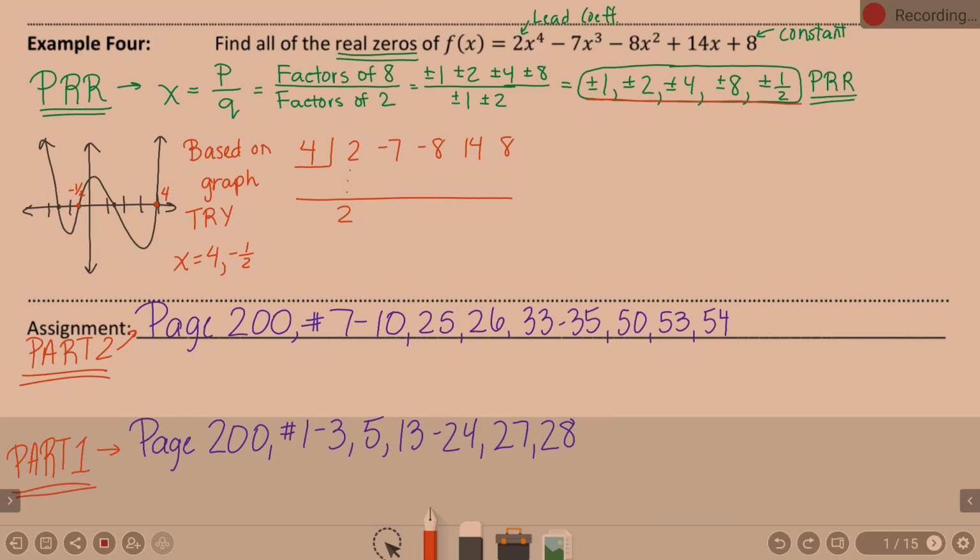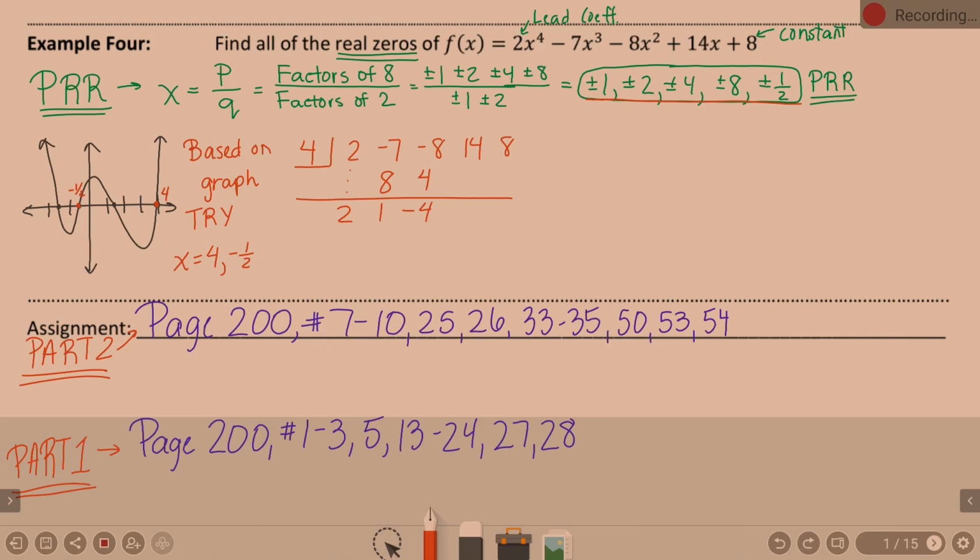4 times 2 is 8. And then we add. -7 plus 8 is 1. Then we multiply. 4 times 1 is 4. Then we add. -8 plus 4 is -4.